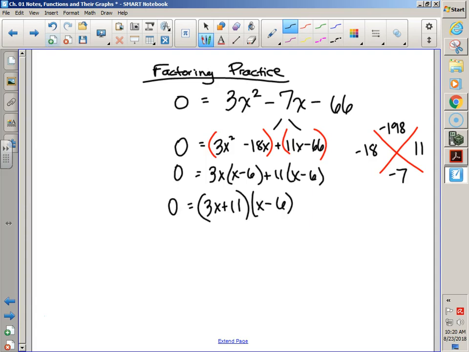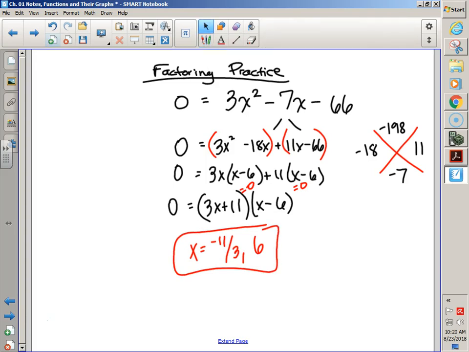But all along, that's been equal to 0. Because theoretically, at the very beginning, we had something like y equals, and you were supposed to find the x-intercepts or the zeros. So now, Joe, wait, we're not done because we still have to solve. As we do that, we will end up with x equals negative 11 over 3. Right points. Does that make sense?